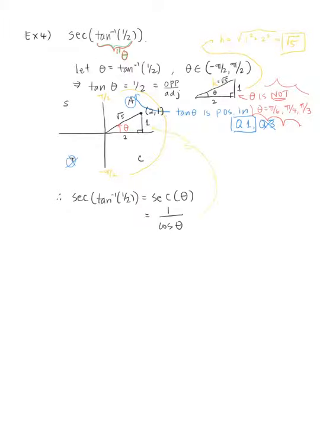Cosine is adjacent over the hypotenuse of that triangle. So here you're going to have 1 over adjacent side of the angle theta, which is 2, over hypotenuse, which is square root of 5. So our answer is going to be square root of 5 over 2. As easy as that.